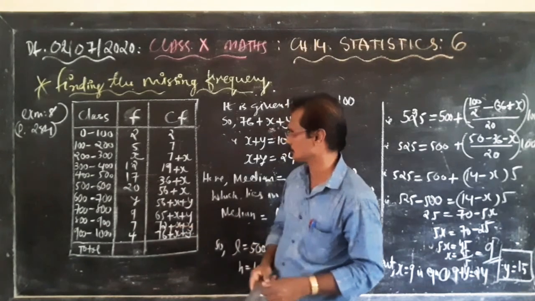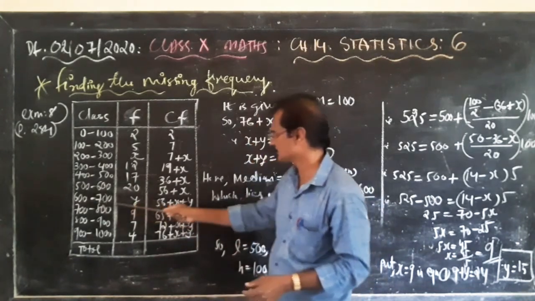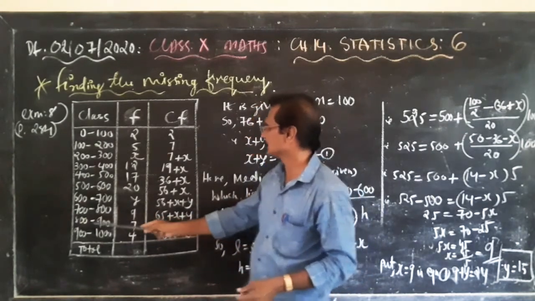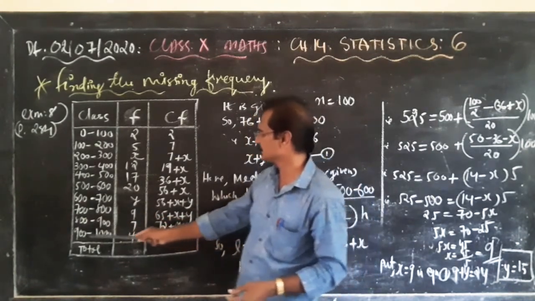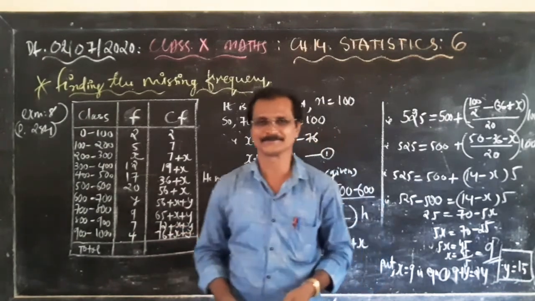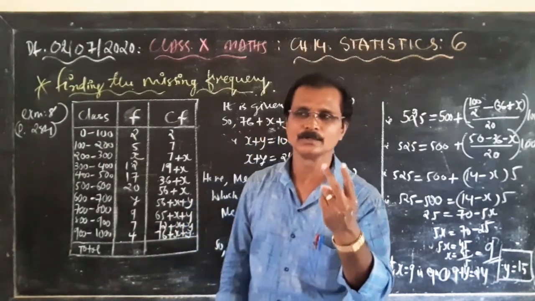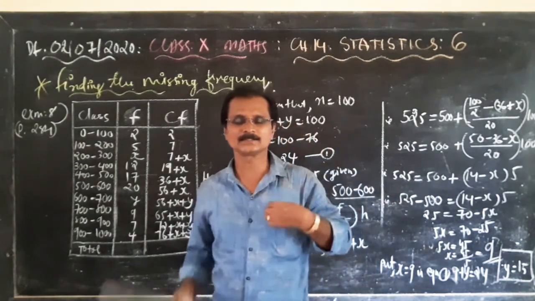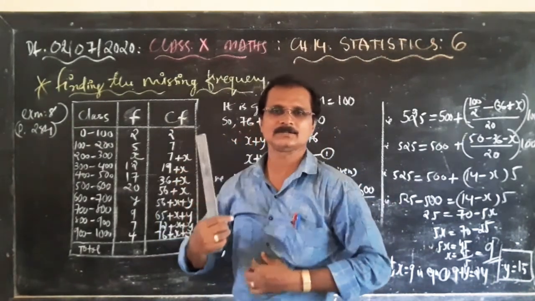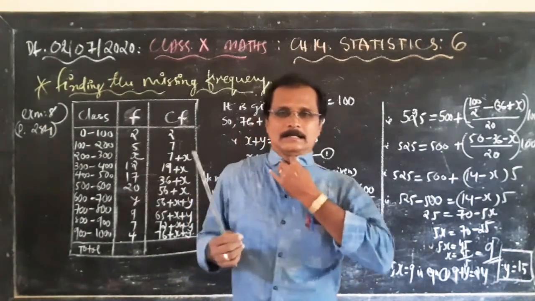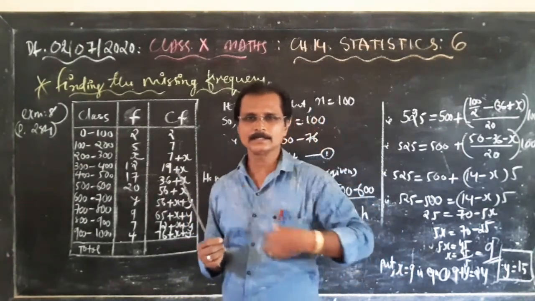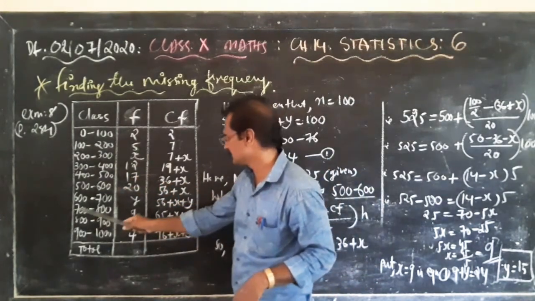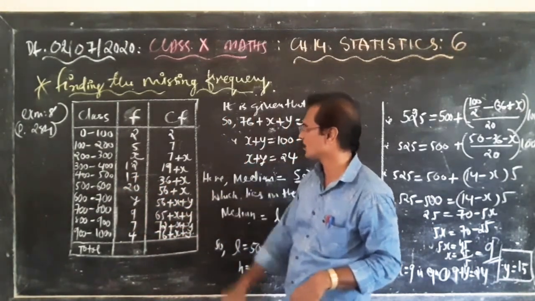Here also the frequency of this class is missing. 700 to 800, 9. 800 to 900, 7. 900 to 1000, 4. So the frequencies of two classes are missing. Clear? One is 200 to 300, that is x, and the other is 600 to 700, that is y.